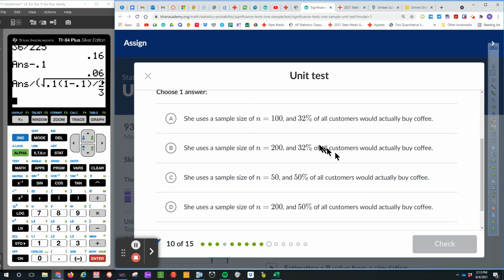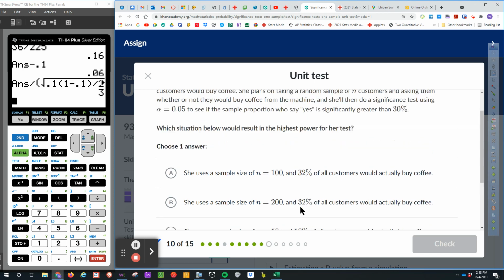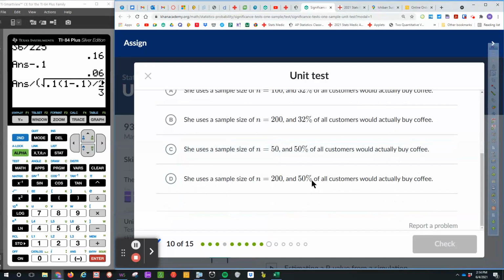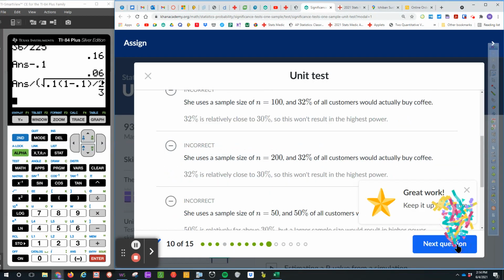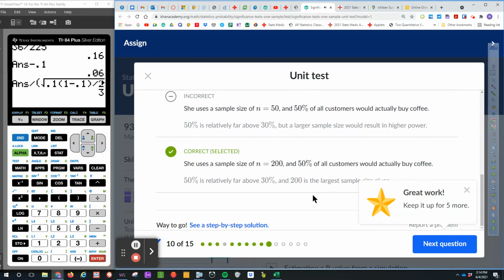So it's either B or D, and we need to reject. Here, she uses a sample size of n equals 250% of all customers would actually buy coffee, because 50% is relatively far above 30%, and 200 is the largest sample size given.